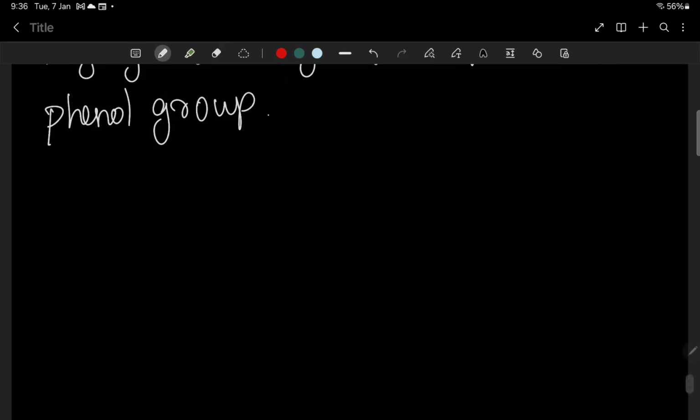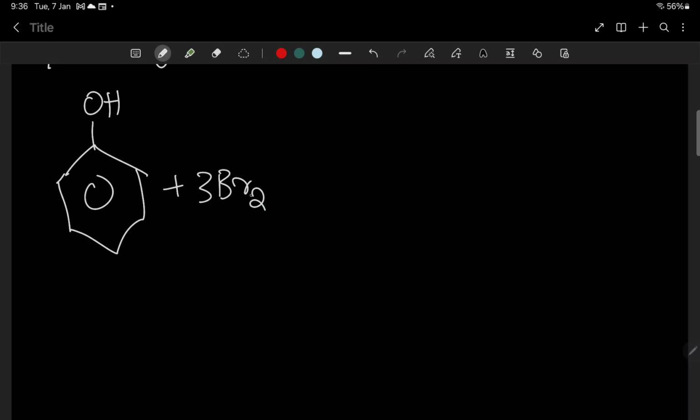Now I am taking the phenol and I want to add bromine at all ortho and para positions. Just treat it with bromine water, without CS2. This carbon disulfide slows down and controls the reaction.